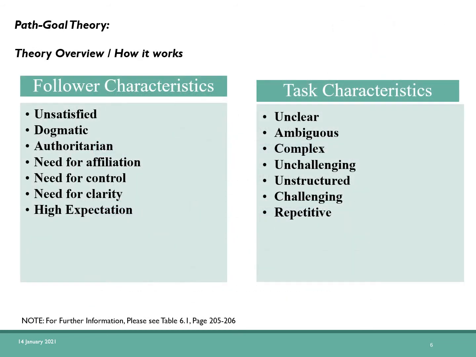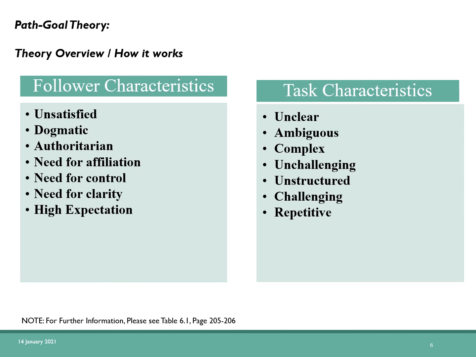After we take a look at the four kinds of leadership, now we are going to talk about follower characteristics and task characteristics. In this slide, I put some characteristics of followers. In general, researchers have focused on followers' needs for affiliation, preferences for structure, desire for control, and self-perceived level of task ability.